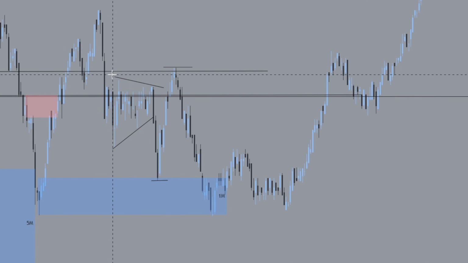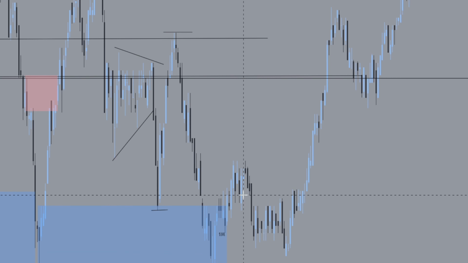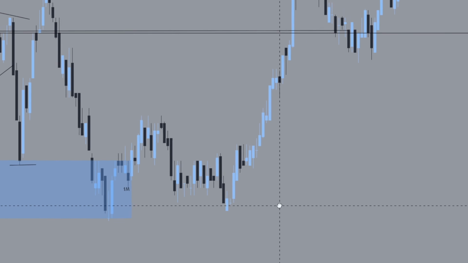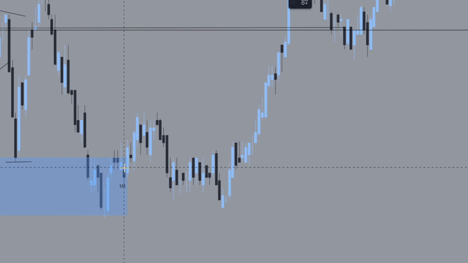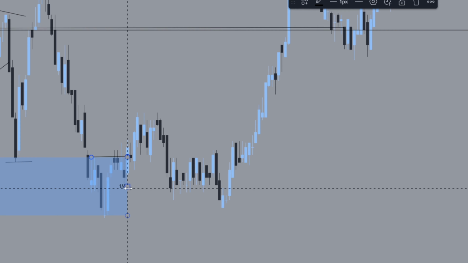As it generates, it sweeps and generates and sweeps. It will constantly do that cycle over and over and over again. Now, how you use that and implement it while finding these POIs, right? The highest probability OB, that's where you're going to find your ideal setup.